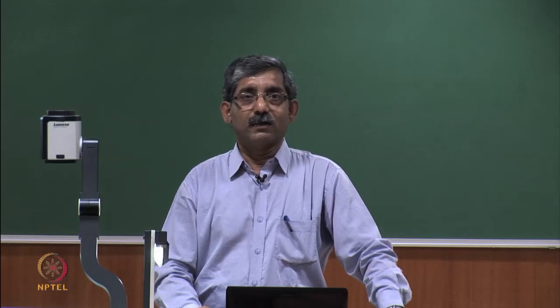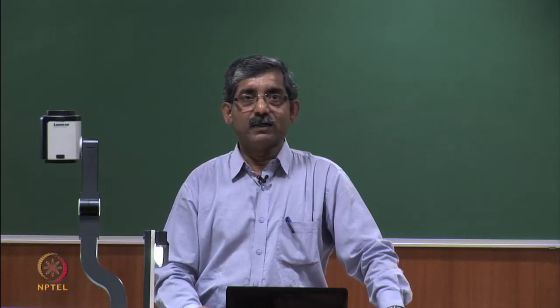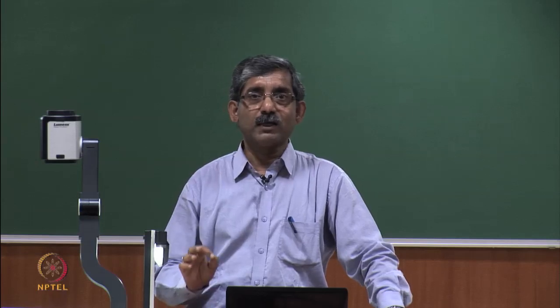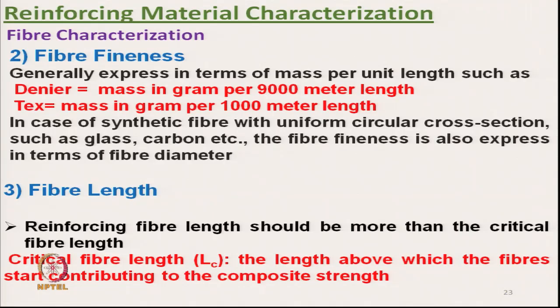In these cases the mass per unit length, the linear density, is measured. In textile fiber the terms denier or tex are used. Denier is mass in gram per 9000 meter of length of filament, and tex is mass in gram per 1000 meter length of filament.